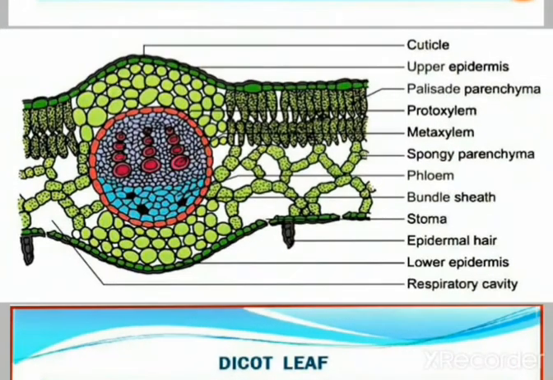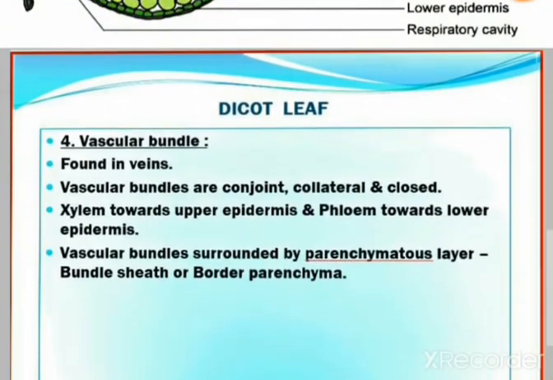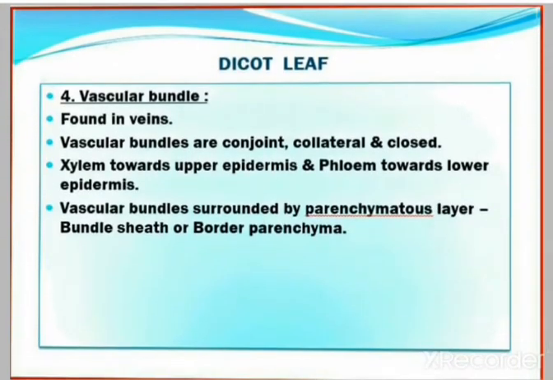Okay, next, vascular bundles. The vascular bundles of the leaf are found in leaf veins. Vascular bundles of a dicot leaf are conjoined, collateral and closed.